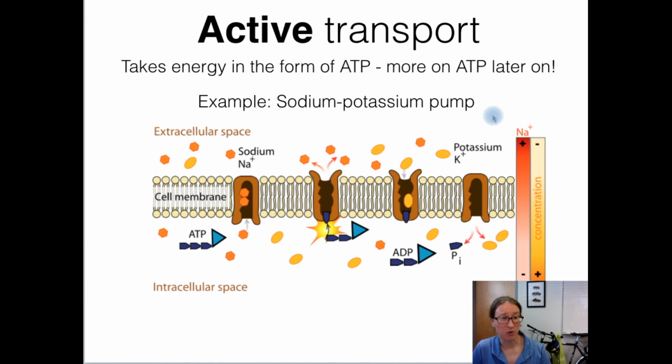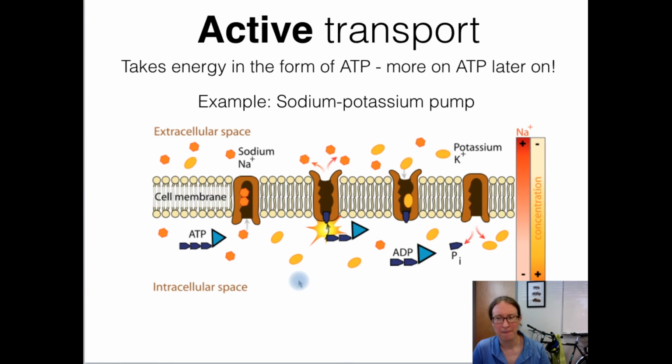So to summarize what's going on in this cartoon, the sodium concentration is indicated here, and sodium concentration is higher outside of the cell. This is called the extracellular space. Meanwhile, the potassium concentration is higher on the inside of the cell, in the intracellular space.